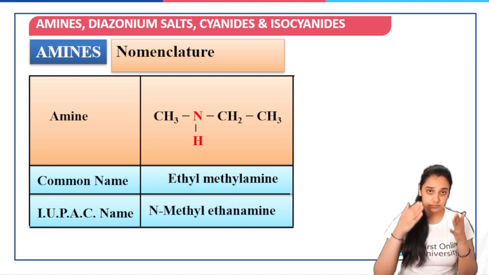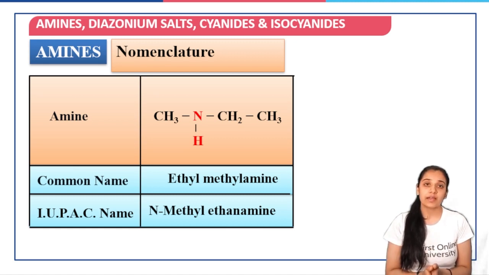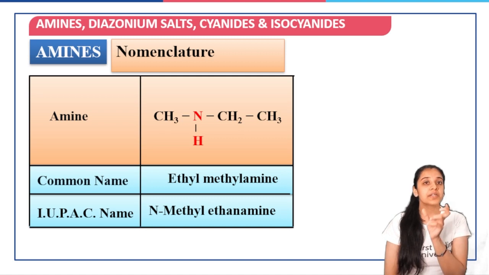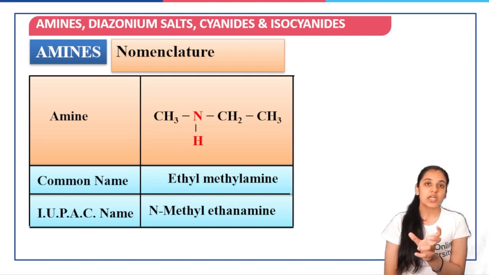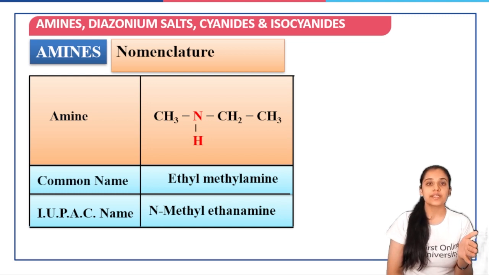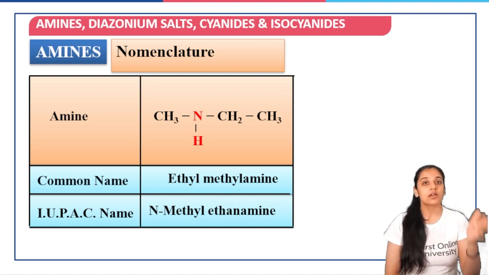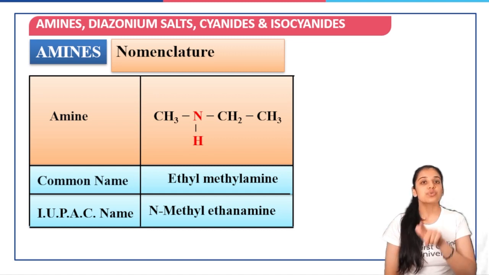Moving on to the IUPAC name, as we discussed in the rules, the longer carbon chain will be treated as the parent chain, and whatever other group is present will be treated as a substituent attached to nitrogen.